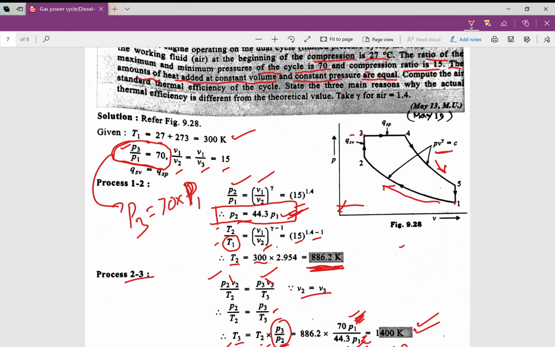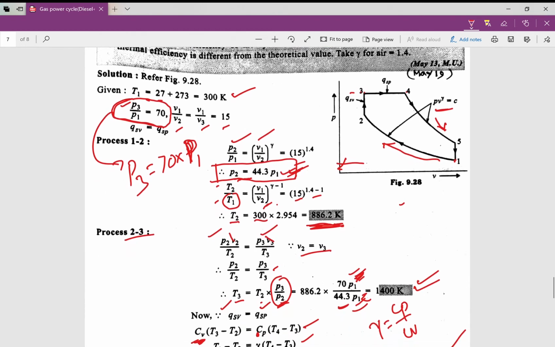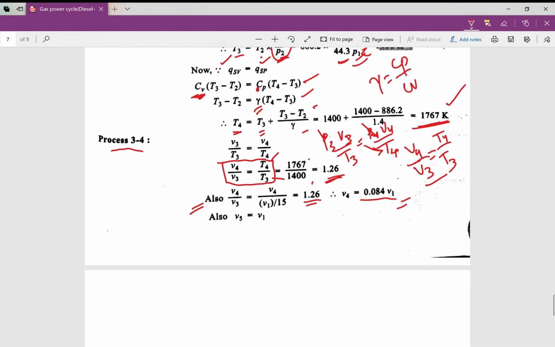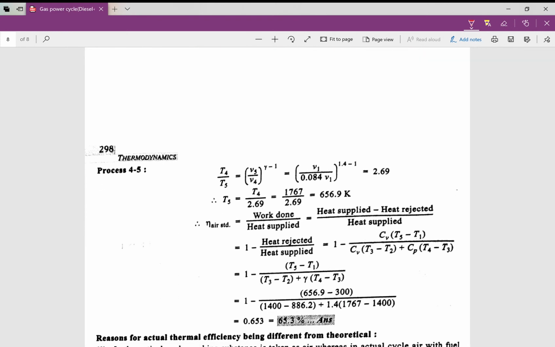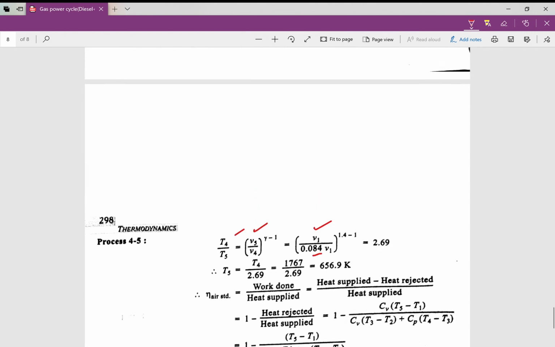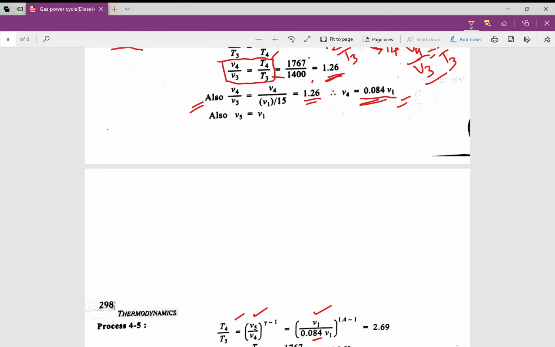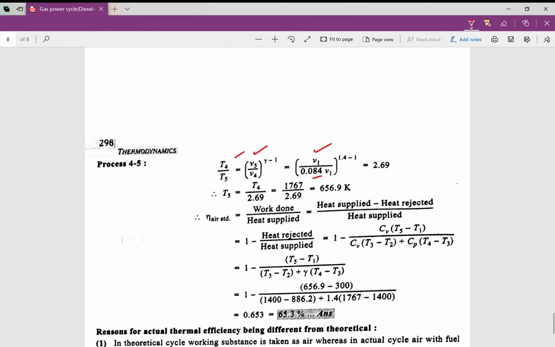So either for isentropic compression or isentropic expansion, we write the general formula which was discussed earlier, in terms of temperature ratio, and this is your expansion ratio, V5 upon V4. V4 comes in terms of V1.084, this value we got, so this value is utilized over here.